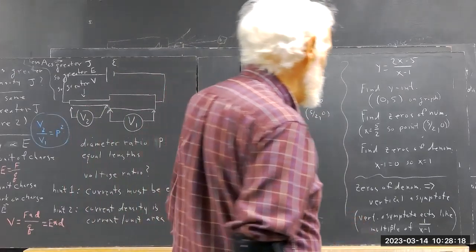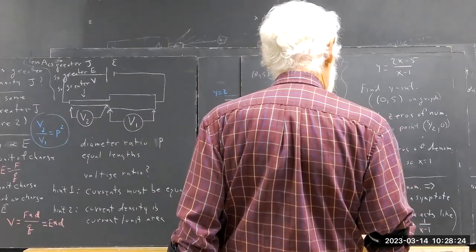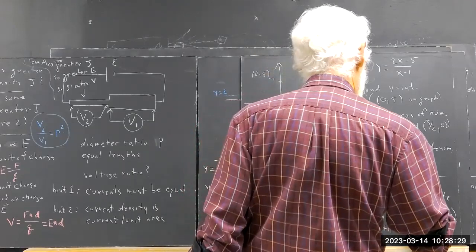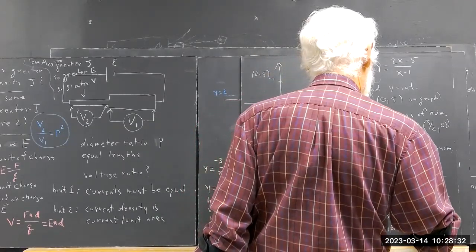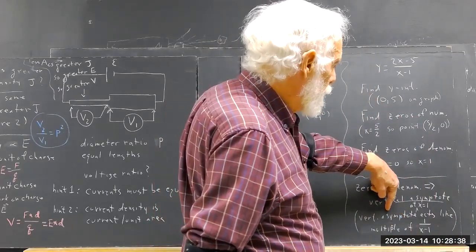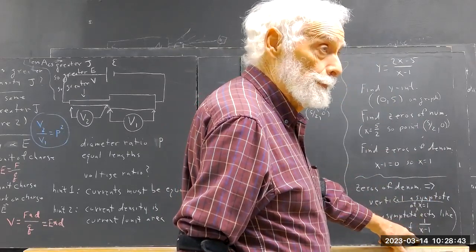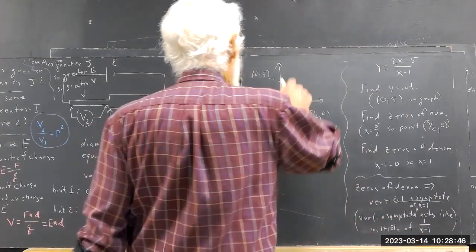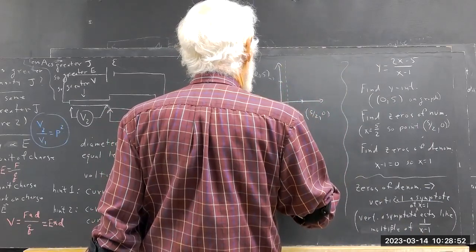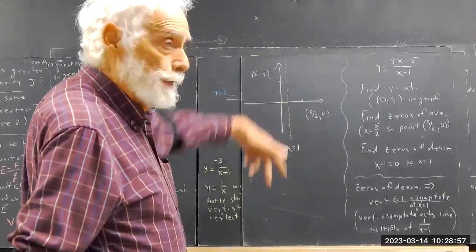And we do x equals 1. Down here, we have a vertical asymptote at x equals 1 because the function acts like a multiple of 1 over x minus 1. So we sketch the vertical line x equals 1.